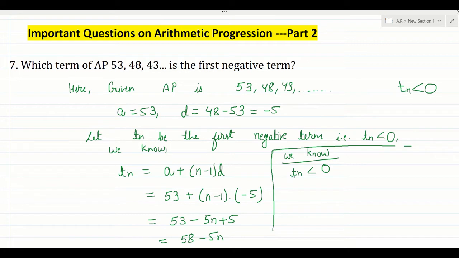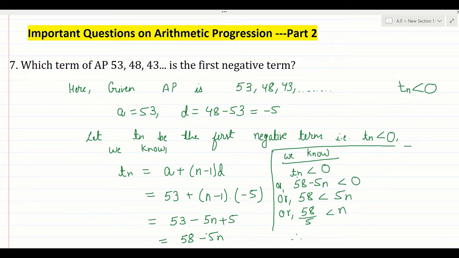Isn't this? And Tn means 58 minus 5n. So we can write here, 58 minus 5n must be less than 0. Let's simplify this one. Or 58 is less than 5n, or 58 divided by 5 is less than n.